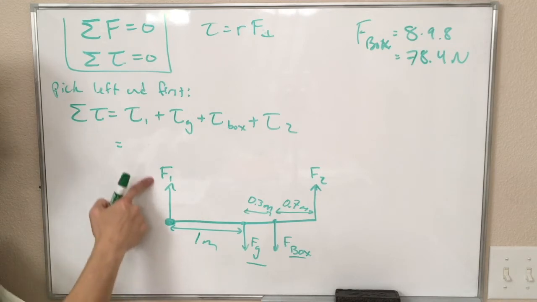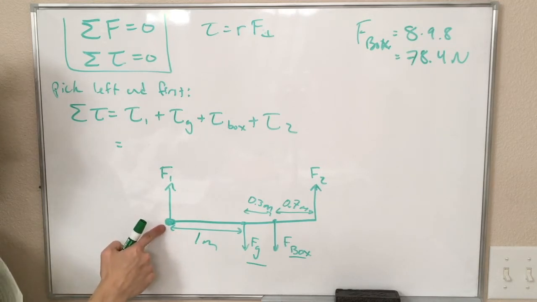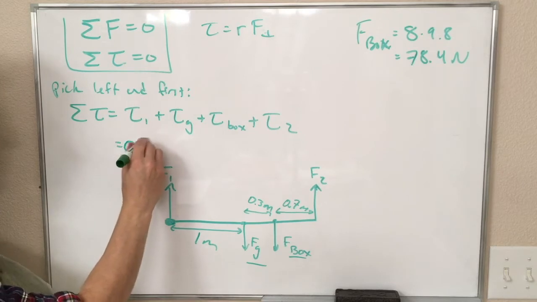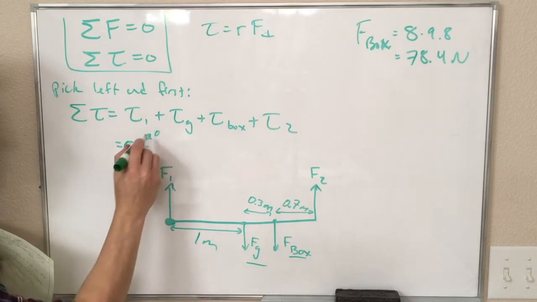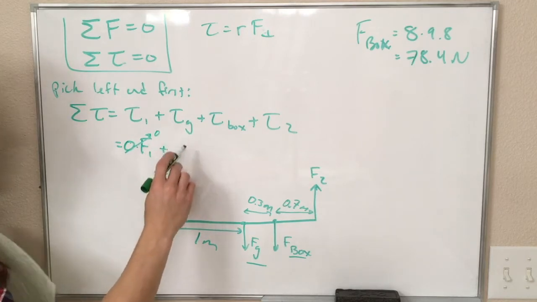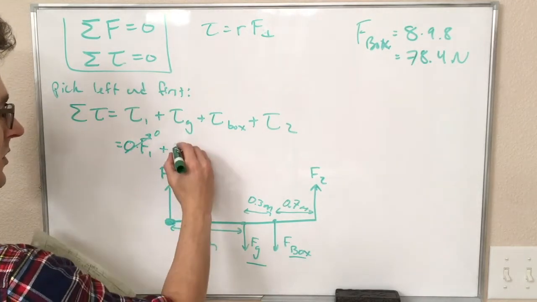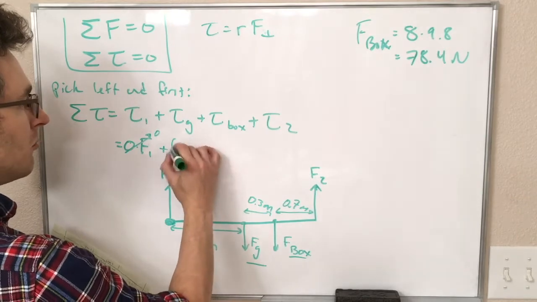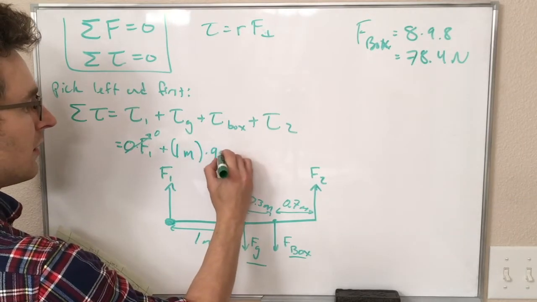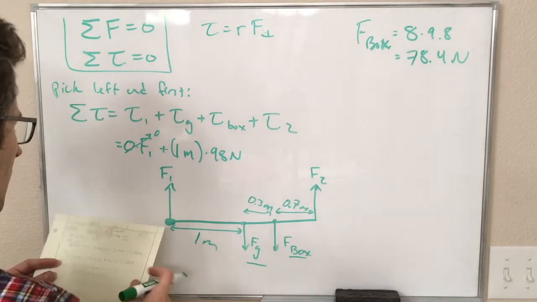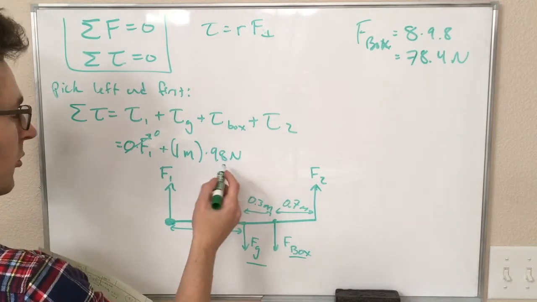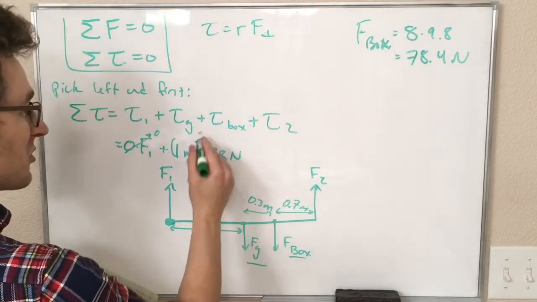Well, R for F1 is 0, since it's right at this point, so 0 times F1 is just 0. The torque from gravity is going to be 1 meter times our 98 newtons of force, to give 98 newton meters of torque.